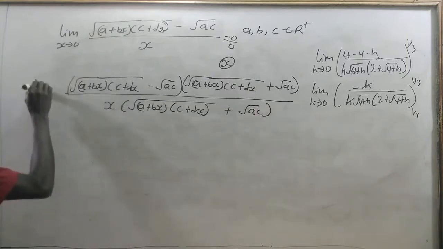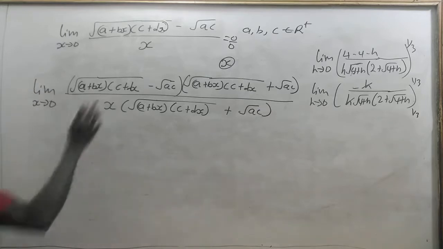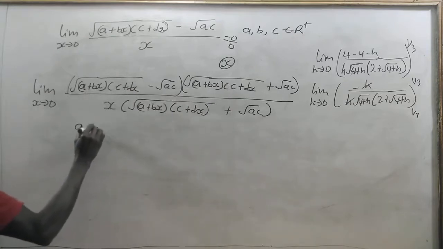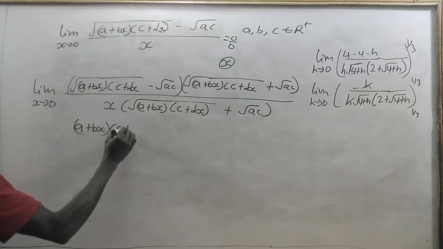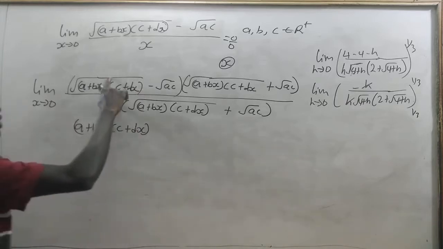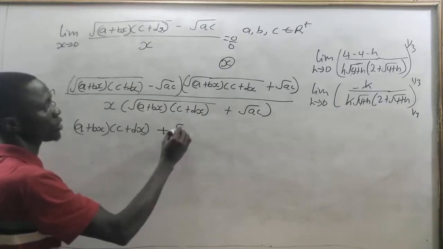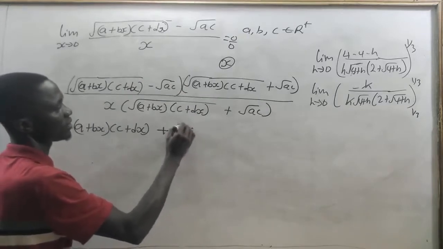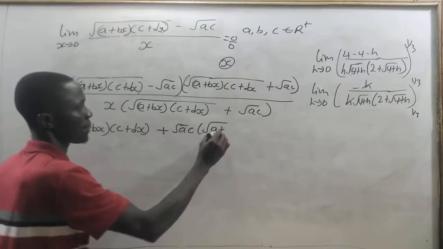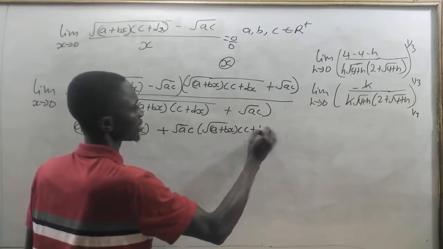Then bring the limit as x approaches 0. So here, this will multiply that and we'll get what is inside. You get a plus bx times c plus dx, or the square root and the square root will go, minus the square root, plus the square root of ac times the square root of a plus bx times c plus dx.